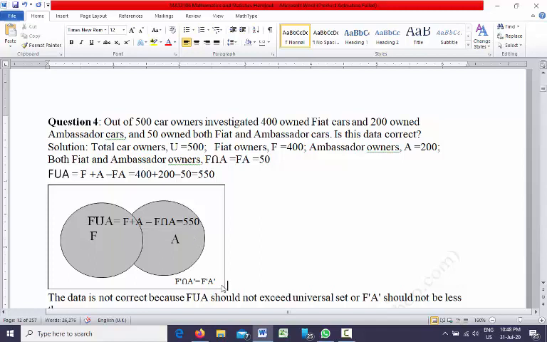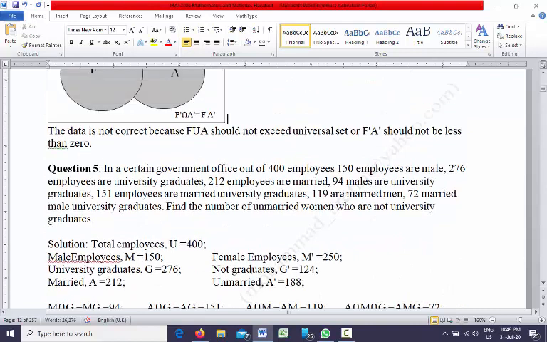So the data is not correct. F prime A prime, the white portion, can be 0 or more than 0, but it cannot be negative. Area cannot be negative.